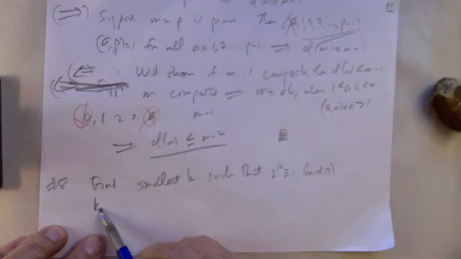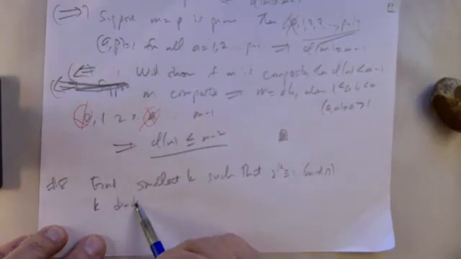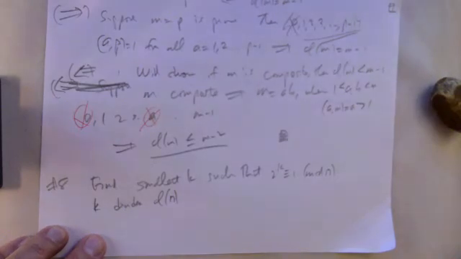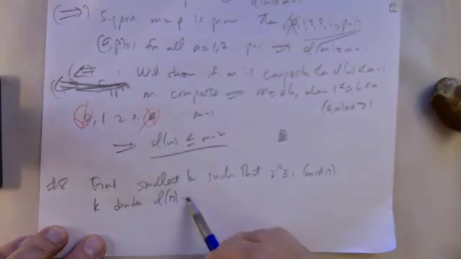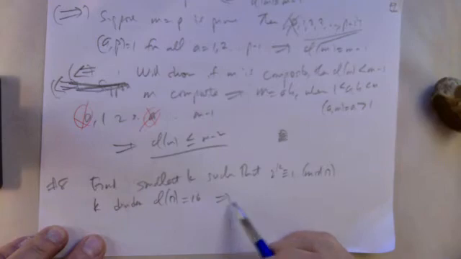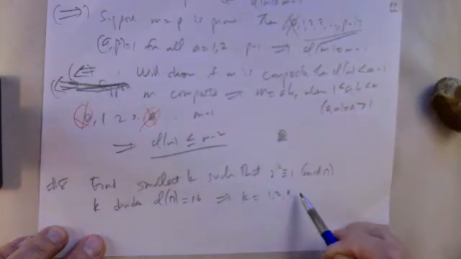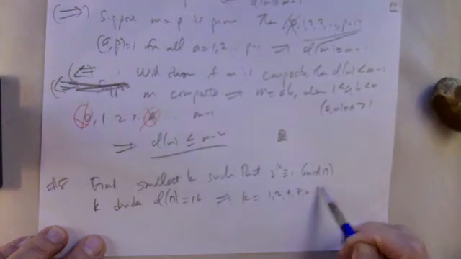So you could start taking all the powers of 2 until you get to 1. But of course, we already proved this, k divides phi of 17, which is equal to 16. So k can only be a divisor of 16: 1, 2, 4, 8, or 16.